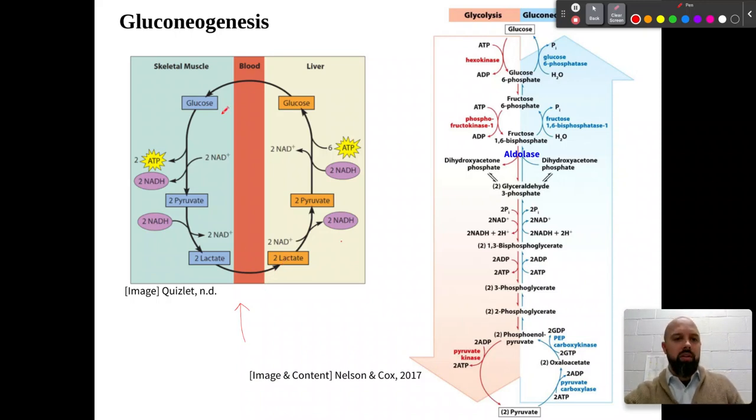So you'll notice over here we have glycolysis, and that's happening here in the skeletal muscle. But here we have our gluconeogenesis over on this side.